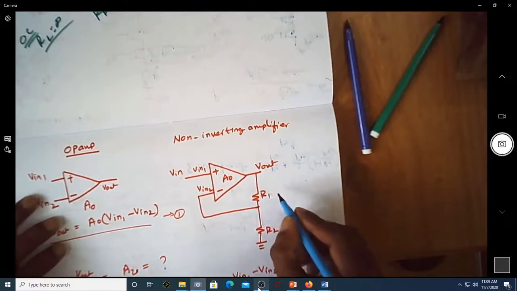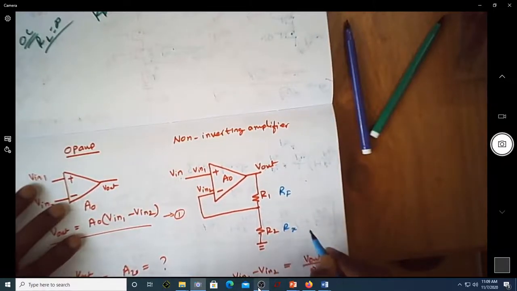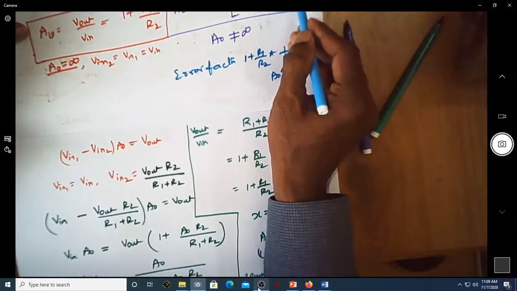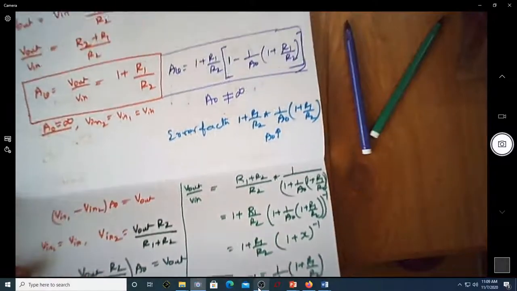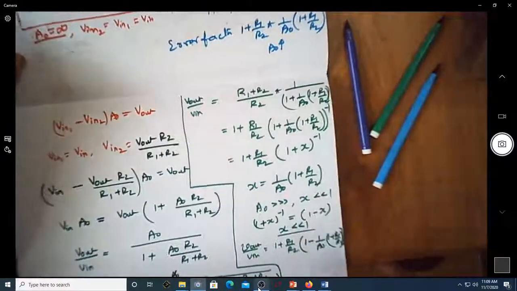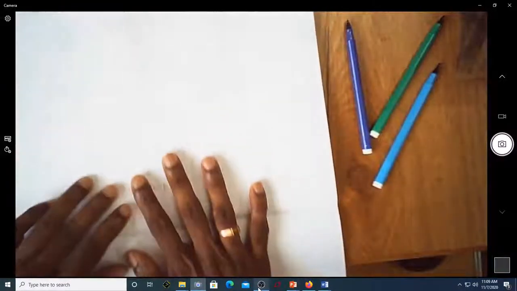So we have to be careful. If you're replacing these by RF and RX, then wherever R1 is there, you replace it by RF. So this is RF by RX, and this is again RF by RX. This way we can get the expression for the non-inverting amplifier realization using the op-amp.